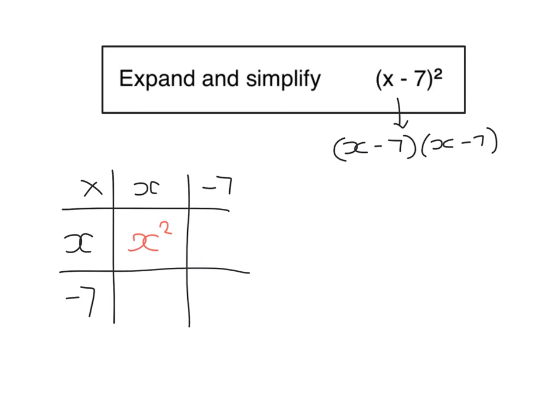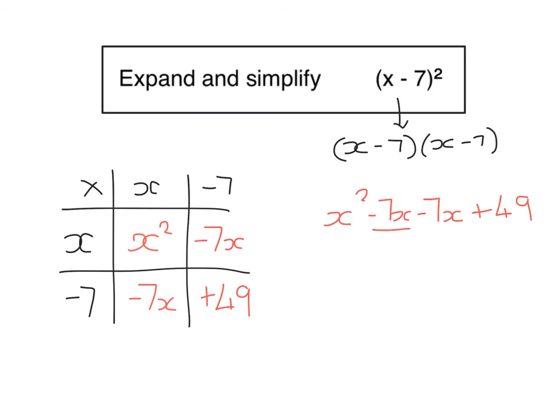X times negative 7, negative 7x. X times negative 7, negative 7x. And negative 7 times negative 7. 7 times 7 is 49. And a negative times a negative is a positive.